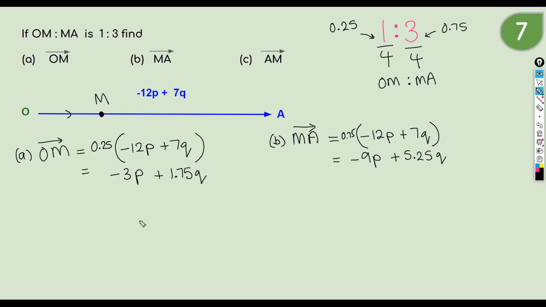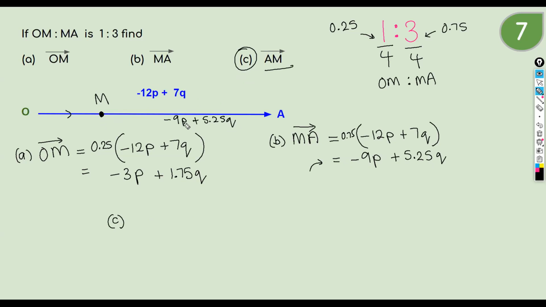And let me quickly do part C. Remember, we just found MA. Look at the answer for MA right here. From M to A is minus 9p plus 5.25q. In part C, they're asking to find AM. Aren't AM and MA opposites? It's the same vector, except they're going in opposite directions.